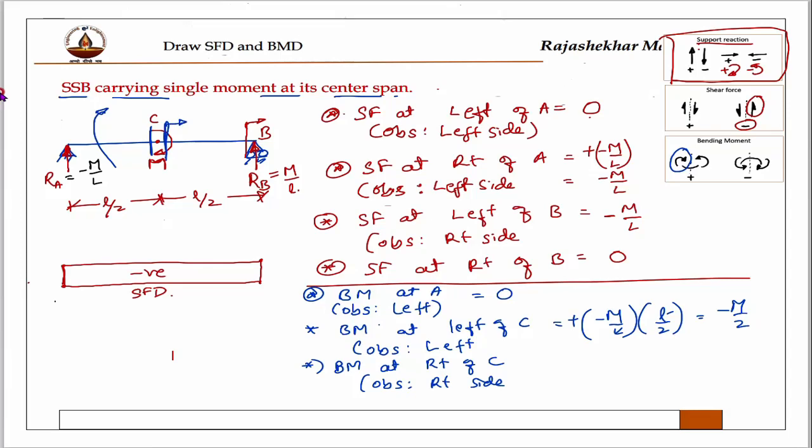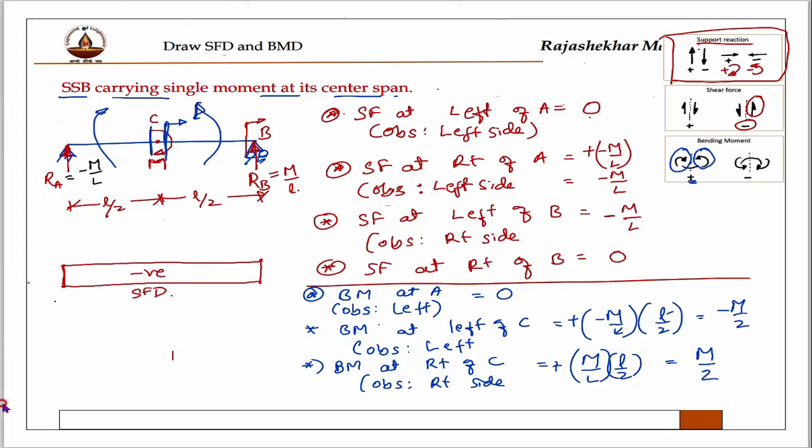When I see this side, then the force is M by L, and the distance is L by 2. And these two are causing this moment, and this arrow mark is resembling this one, that is positive. Therefore, L cancels, M by 2 is the correct answer.